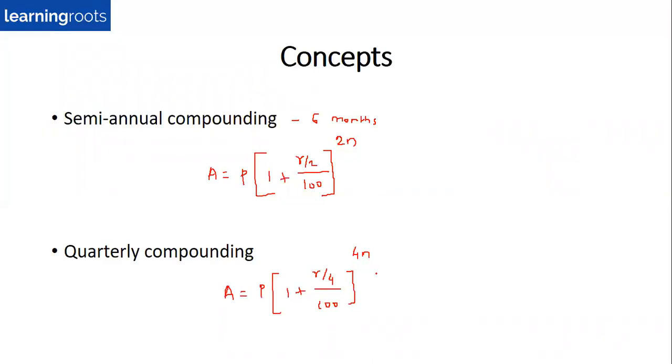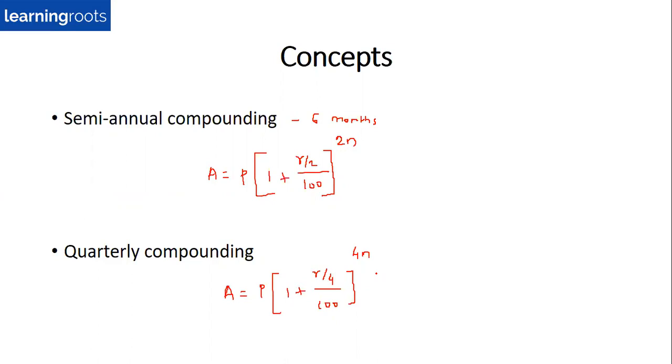Now, generally, you will not find questions on semi-annual and quarterly compounding. In case a question comes on semi-annual, you will not have n more than 1 year. Very rarely you will have n equal to 2, because it involves finding something raised to 4, which may or may not be easy depending on the value of r.